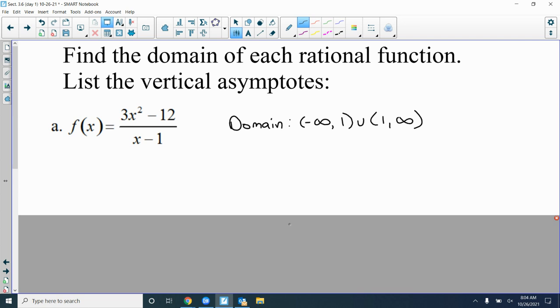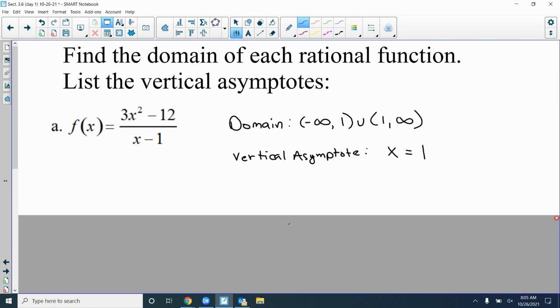The only thing you have to be careful with for the vertical asymptote is that you have to label it correctly. It's an equation. It always starts with an x. So our vertical asymptote is x equals 1.